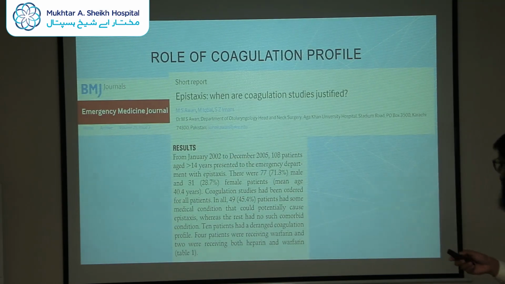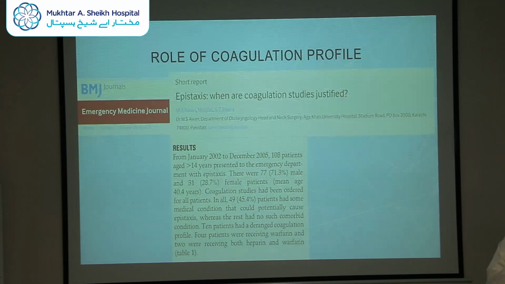The second is the role of coagulation profile. It is still, I guess, a controversy. Whenever a patient comes to the ED, all the ED physicians do a full coagulation profile and CBC. This study is from Pakistan, from Aga Khan University.